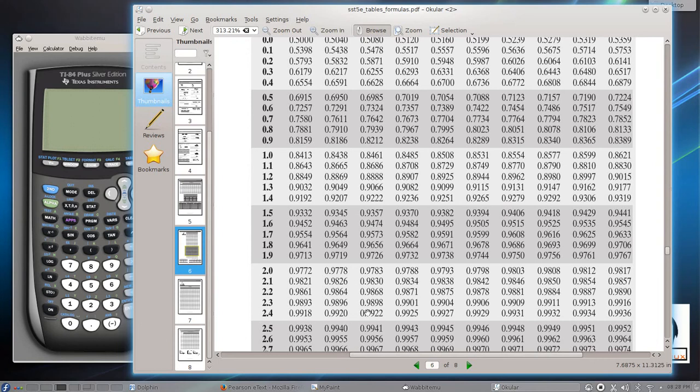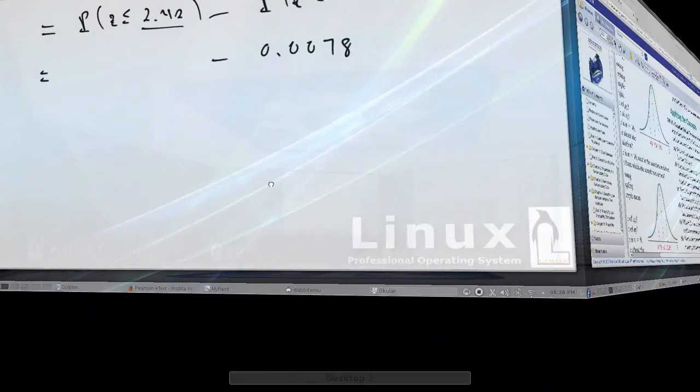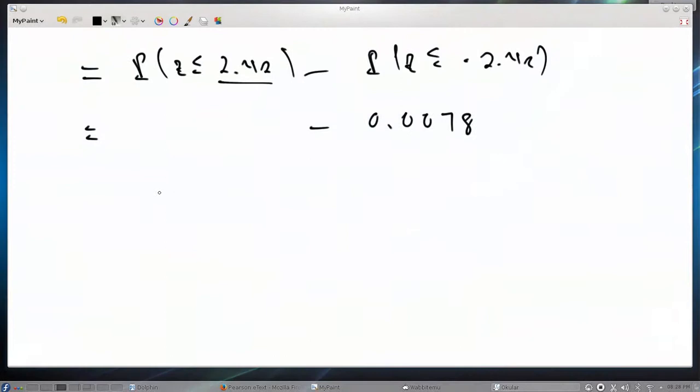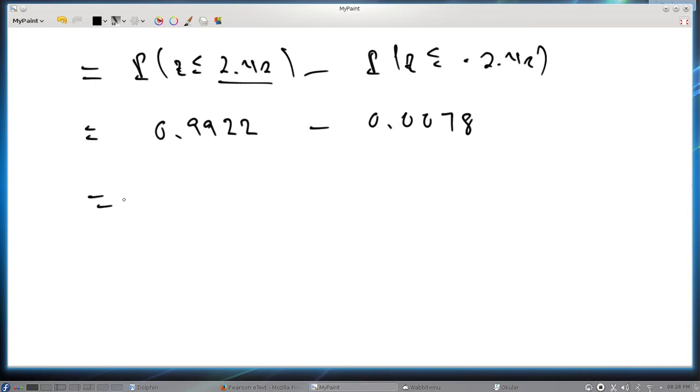That gives us 0.9922. If you take the difference here, you can see it is still quite big. You're subtracting a very small number, so the answer is 0.9844.